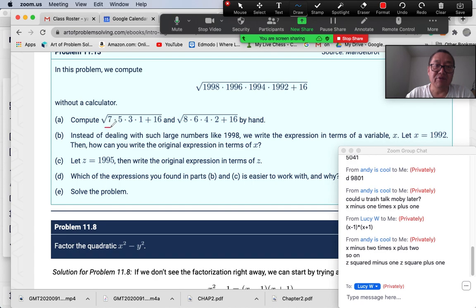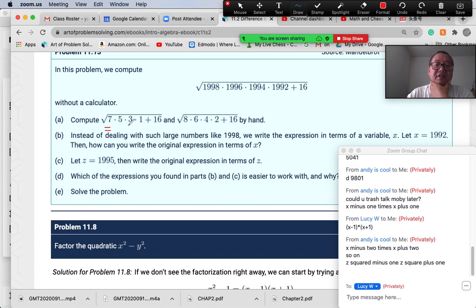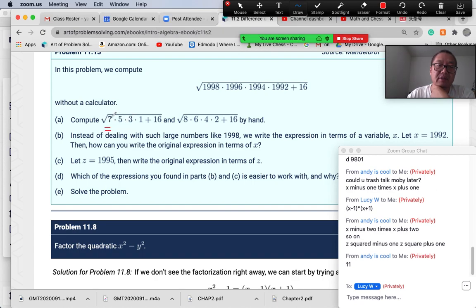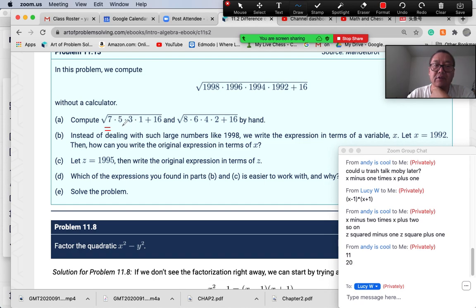If you do this one by hand, 35 times 3 is 105, plus 16 is 121. The square root of 121 is 11.